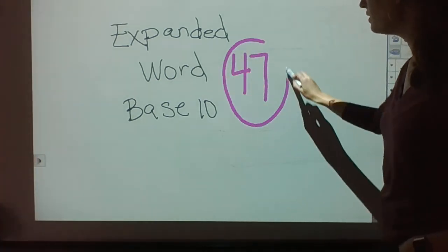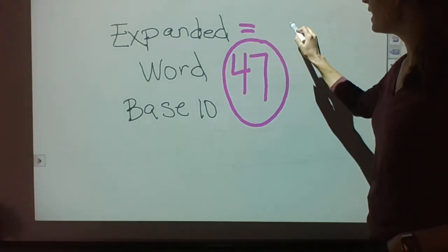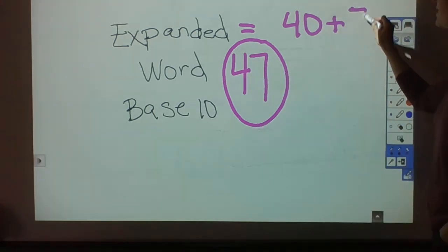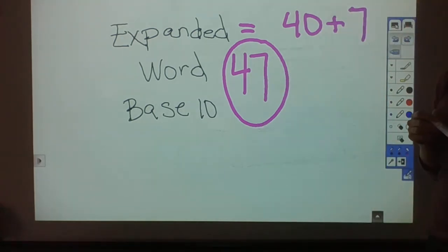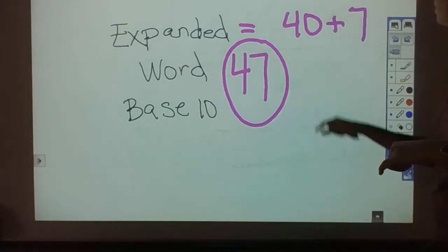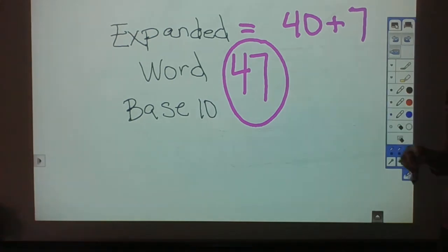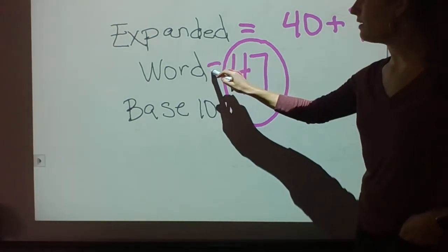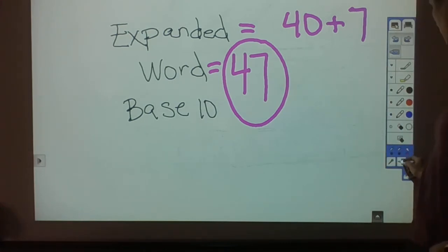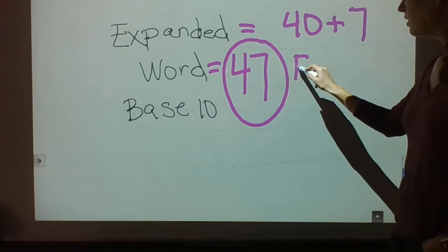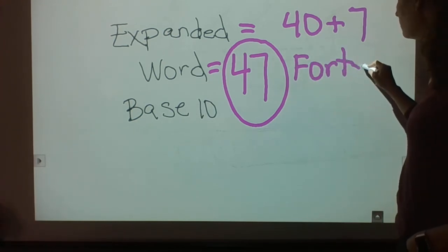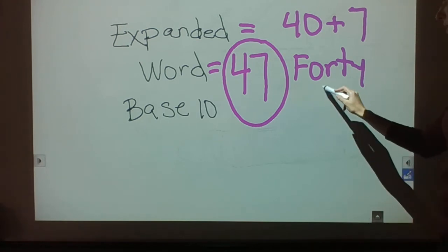If we have a number like 47, and I wanted you to write 47 in expanded form, I would have 40 to show the value of the 4 in the tens place and 7 to show the value of the 7 in the ones place. So my expanded form, remember to stretch the number out, would be 40 plus 7. If I asked you to write 47 in word form, I would literally write out 40 with letters or words, and then 7.